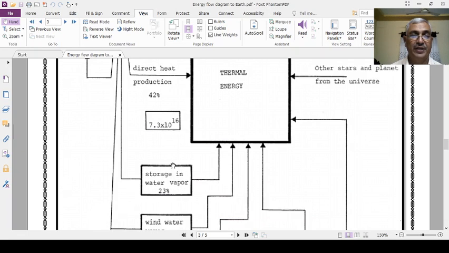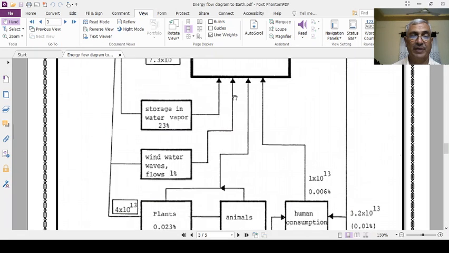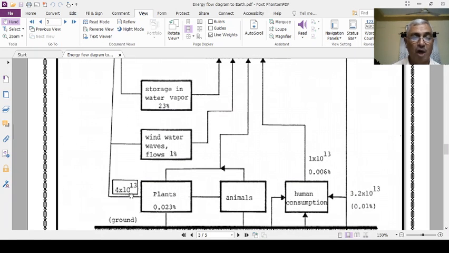The other component is 23%, stored in the form of water vapor, which also radiates and goes to the thermal component. Less than 1% is absorbed by wind, water and waves, and that is also reflected in the form of thermal radiation. Only a small value, 4 times 10 to the power of 13, goes to plants and animals.